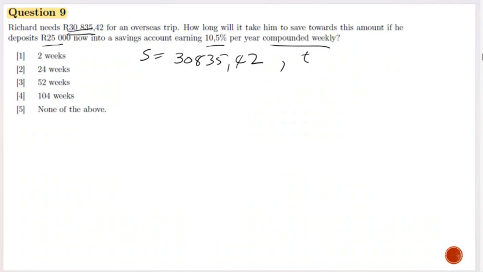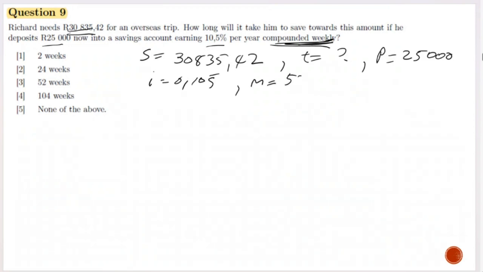They are looking for T. Okay, if he deposits, so your P here is equal to 25,000 into a savings account. That's the amount that he's depositing now. And then your interest, your I is 0.105 and is compounding weekly. That means your M is equal to 52. So this is a compound interest formula.